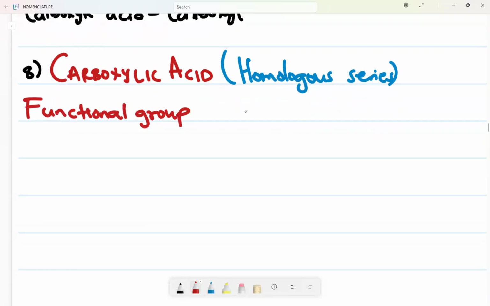So how can we see that? We see it by saying it is a double bond O and OH. Normally we say it is COOH. So this is a carboxyl group.